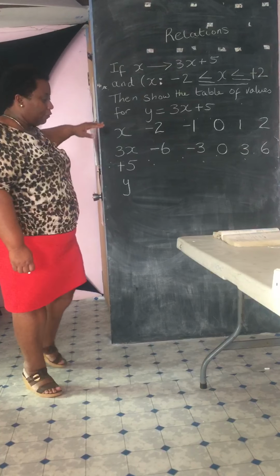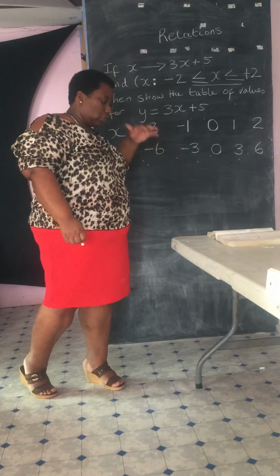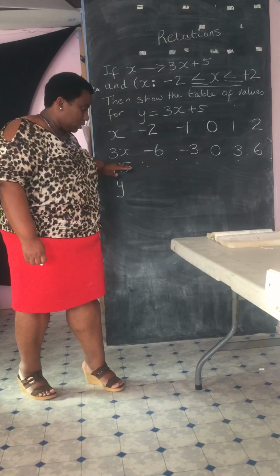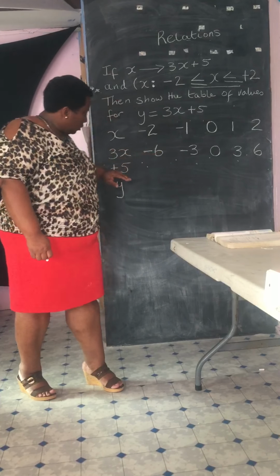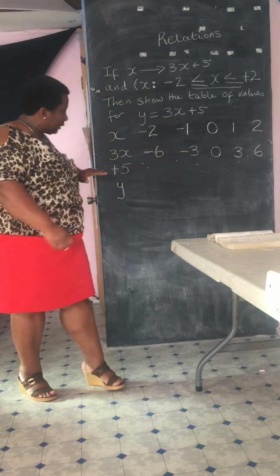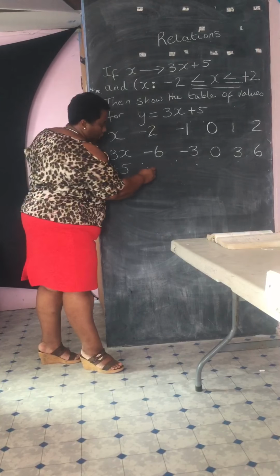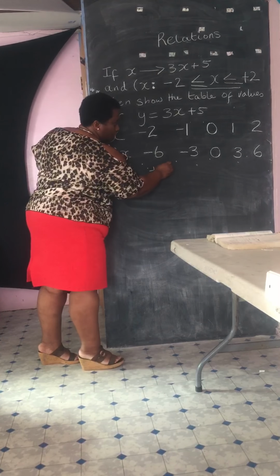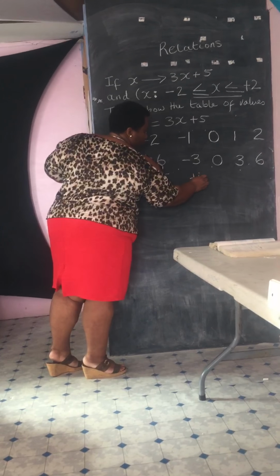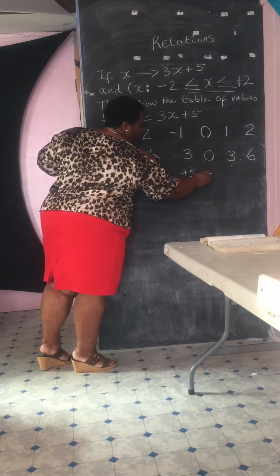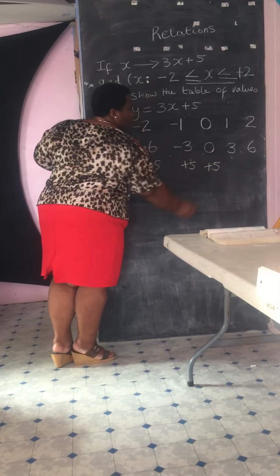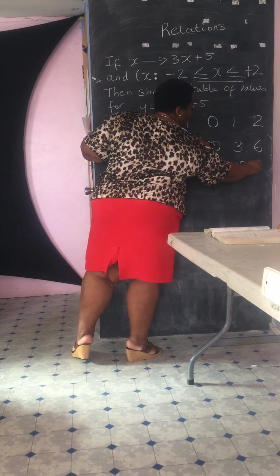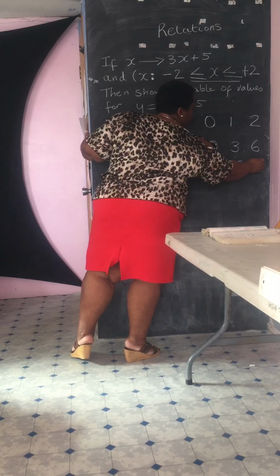So if we were to follow this equation, what we have to do is to take this row and carry it straight across as it is. So we come here, we have to add 5. Here we have to add 5. Here we have to add 5. Here we have to add 5. And here we have to add 5.